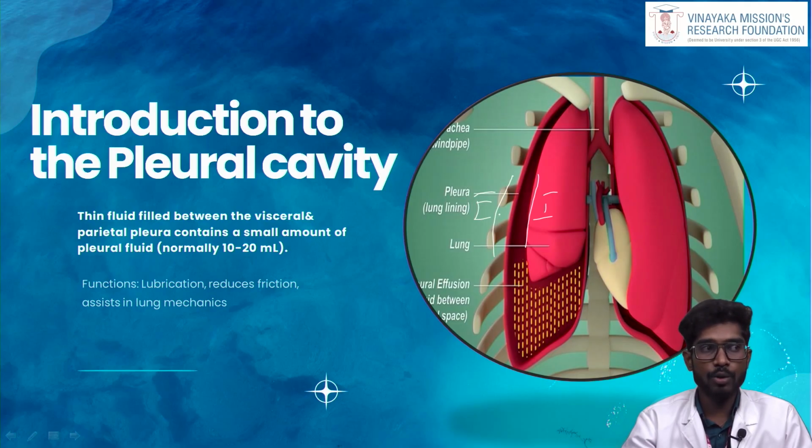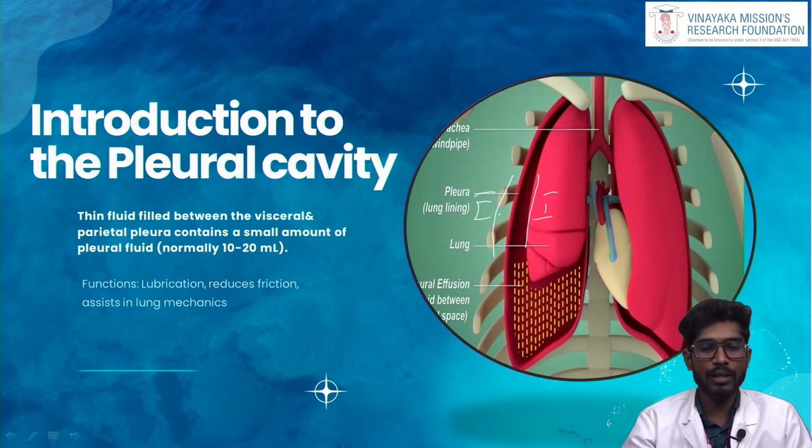If it goes from 20 to 50 ml, it is a minimal pleural effusion. When it goes from 50 ml to 100 ml, it is known as massive pleural effusion, which we can go through as different stages and different kinds of pleural effusion.